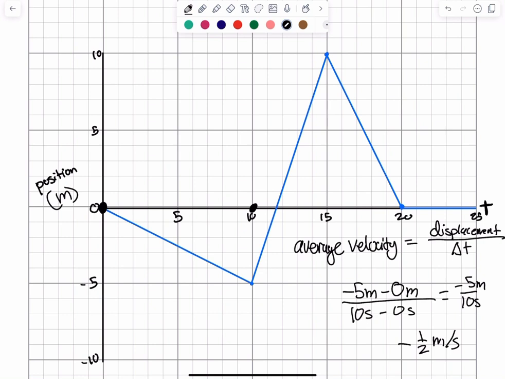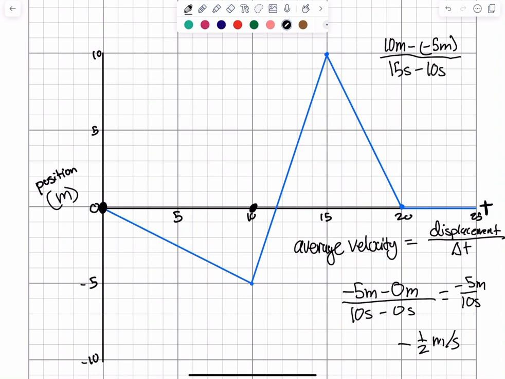Our velocity is negative here, which means this object was moving left at a speed of 1/2 meters per second during this time interval. Let's try 10 seconds to 15 seconds. Our displacement is going to be 10 meters minus -5 meters, and our change in time is going to be 15 seconds minus 10 seconds.